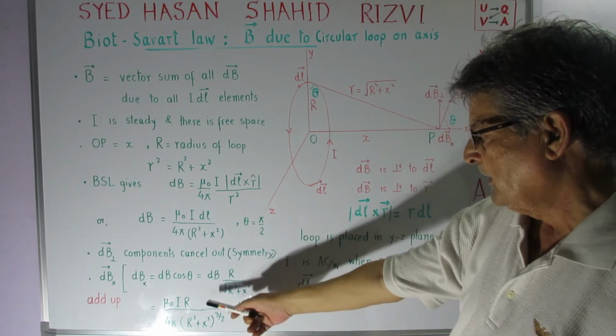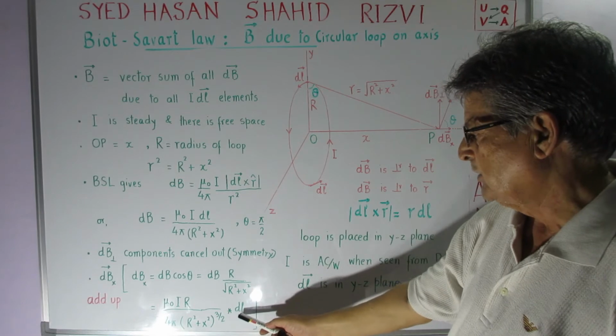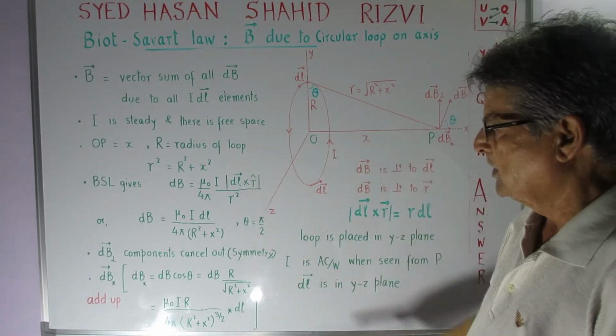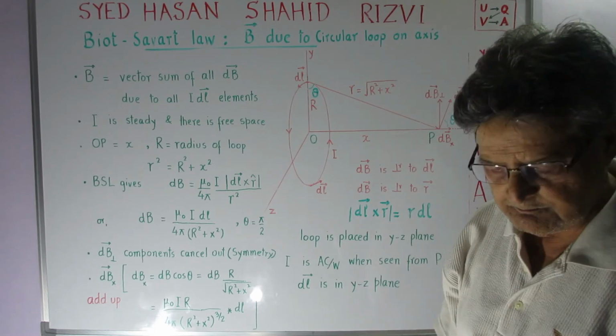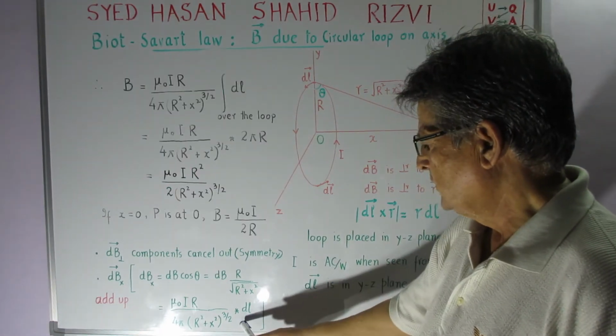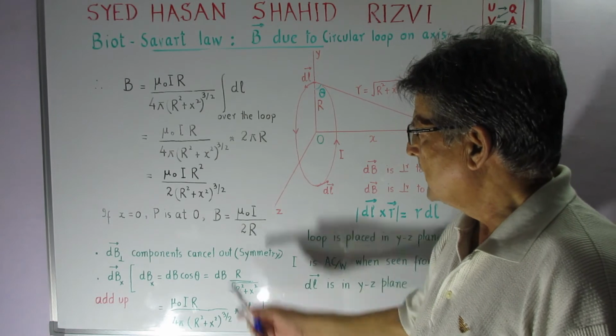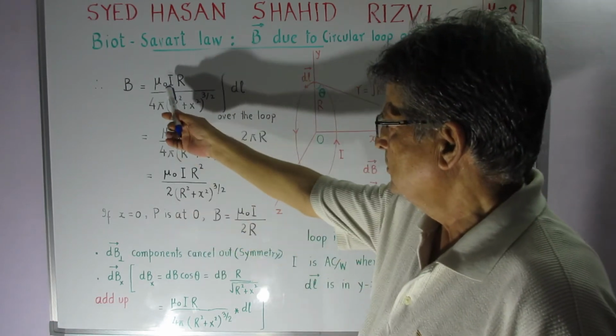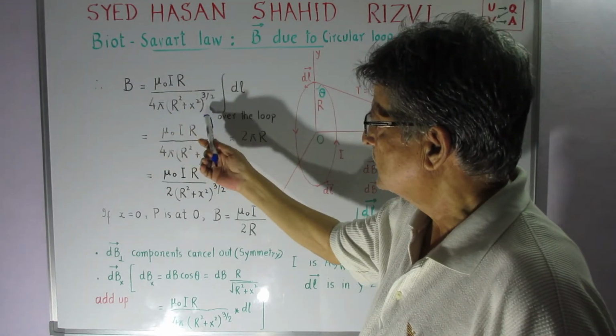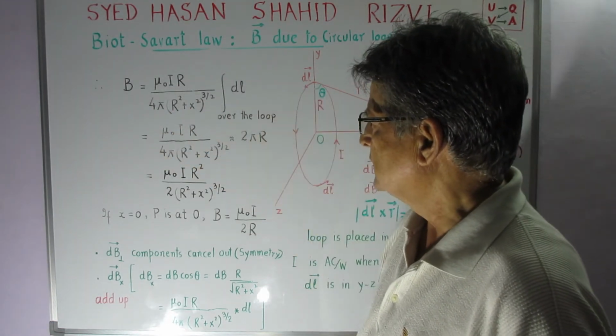So I just multiply this whole quantity by 2 pi R. I'll just do that because I'm running out of space. I'll do it here shortly. So from this relation, when I integrate dl over the loop, I get dB is equal to mu naught I R upon 4 pi r square plus x square raised to the power of 3 by 2.